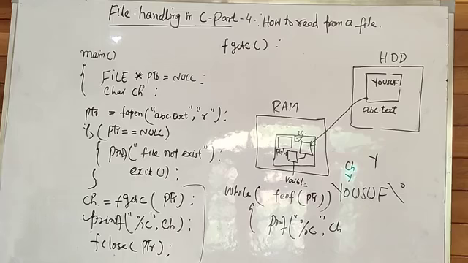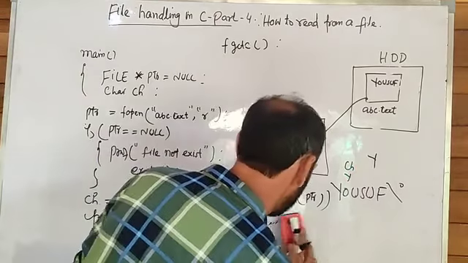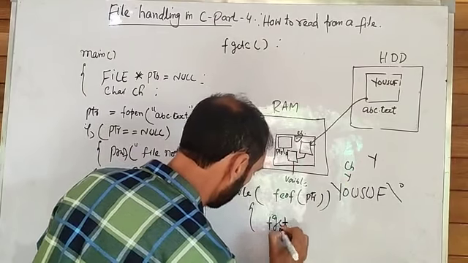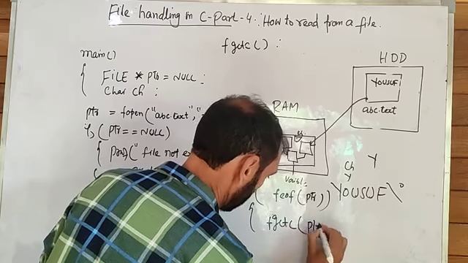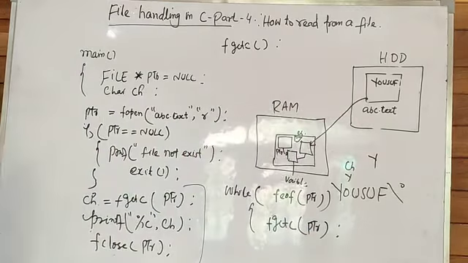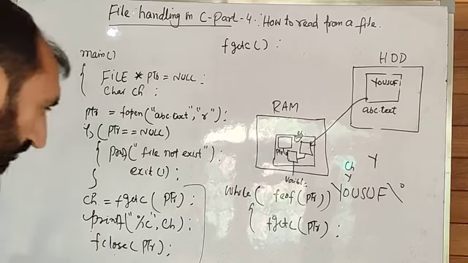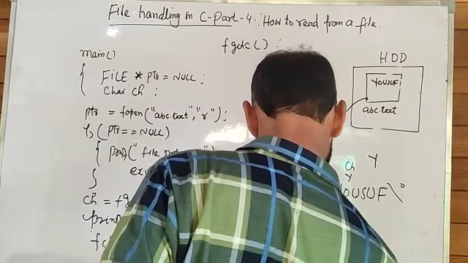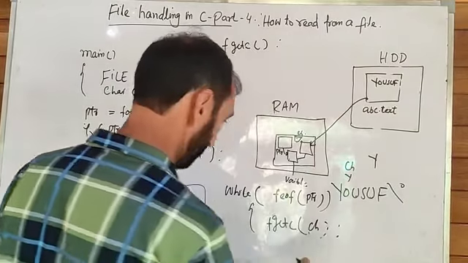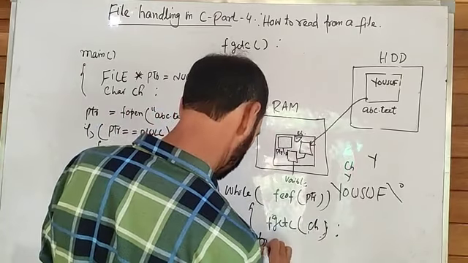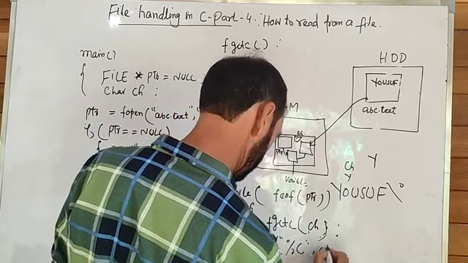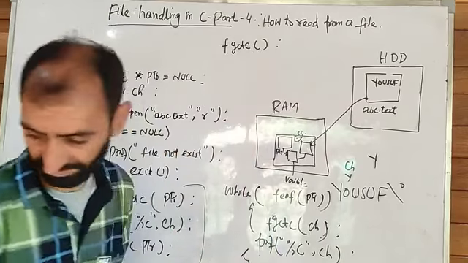No, sorry. Here we are going to use this kind of function: ch = fgetc(ptr), printf %c, ch, and that's it.